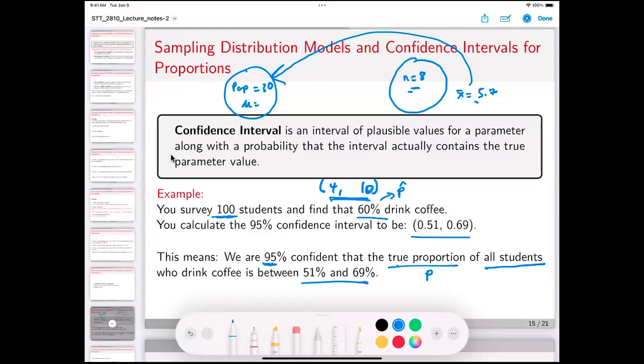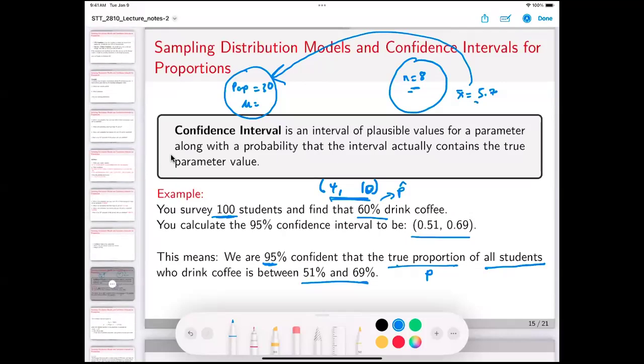So it means that you are 95% confident, and that means that the true proportion could be 65%, could be 68%, but you are 95% sure that it is between this range. Does that make sense? So that is what the confidence interval means. So it's very important that you understand what it means and also try to give an appropriate interpretation of that.